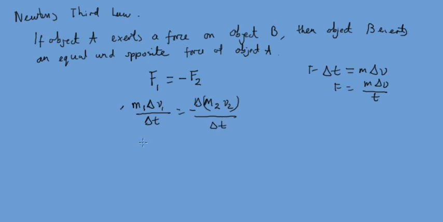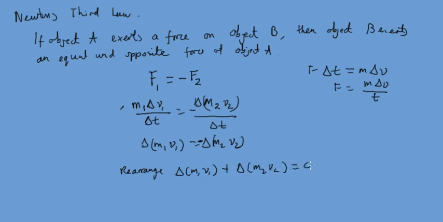Now the times can cancel out, so we'll just have m1 dv1 equal to negative m2 dv2, and if we rearrange, we have m1 dv1 plus m2 dv2 equal to 0, which gives us the mathematical statement of the law of conservation of momentum.